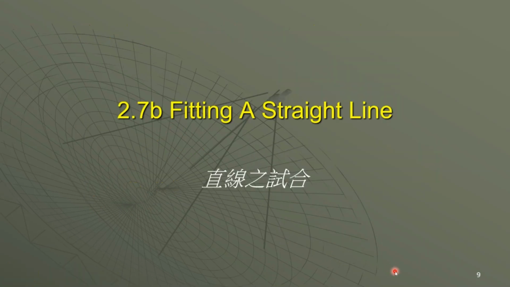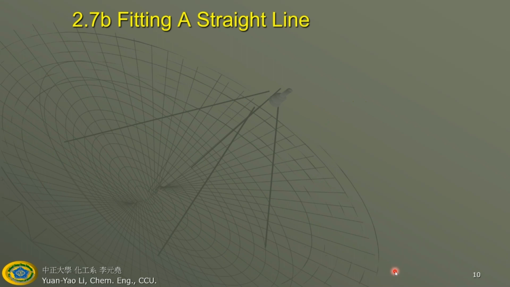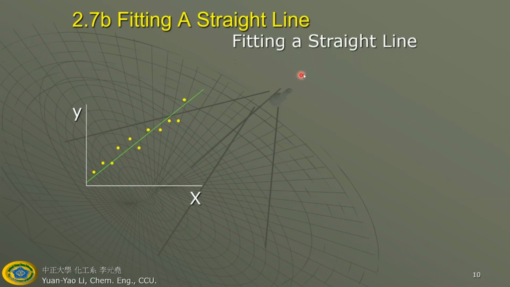Right. So 2.7b is fitting a straight line. If you have something like this, and you find 2 points, this point and this point, and you draw a line, this line can be easier to represent these points.